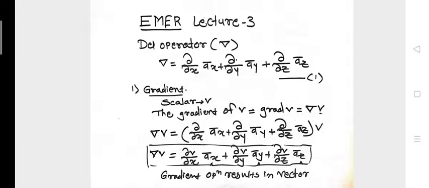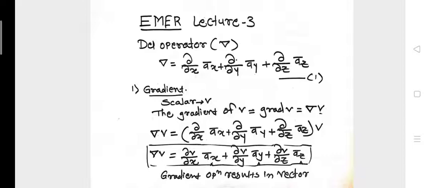It can operate on a scalar as well as on a vector quantity. When it operates on a scalar quantity, it is termed a gradient, and when it operates on a vector quantity, it operates in two ways basically. It operates on a vector quantity with a dot product, and it operates on a vector quantity with a cross product. So we will talk on that later on.